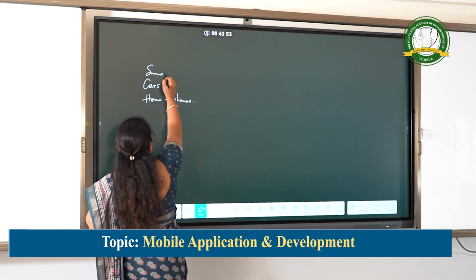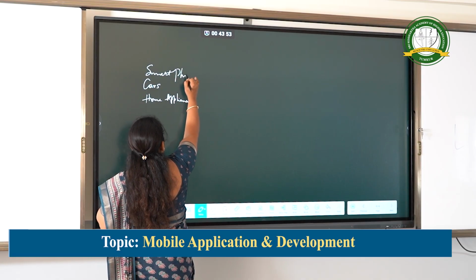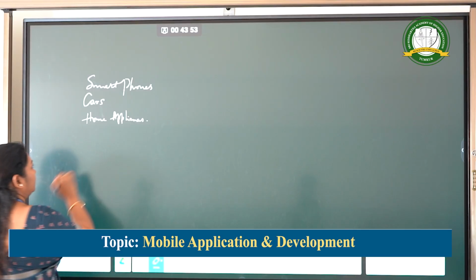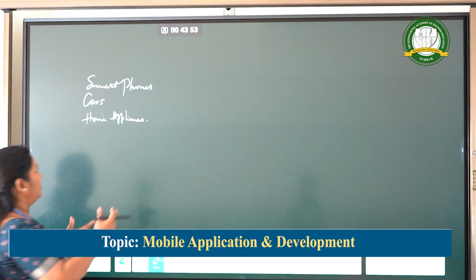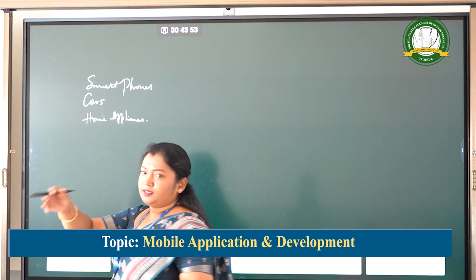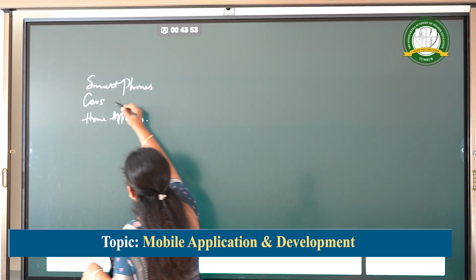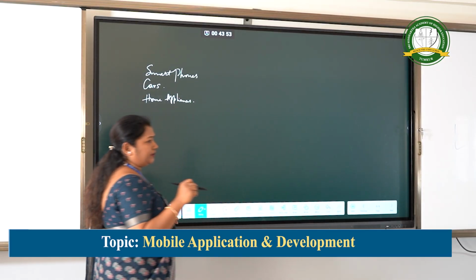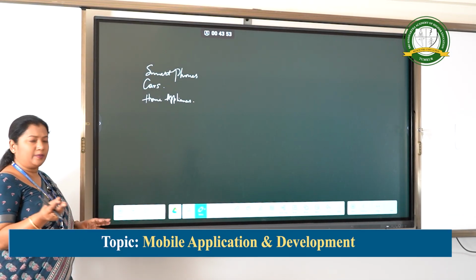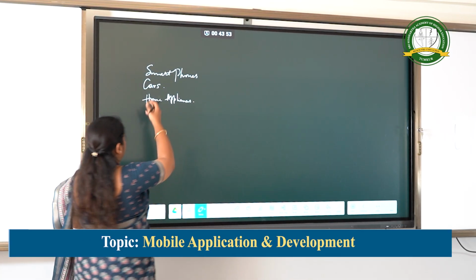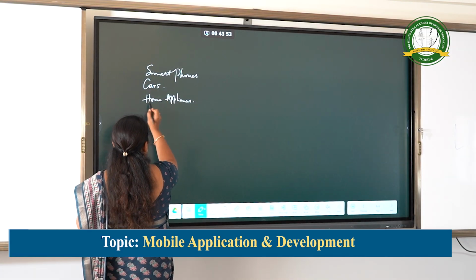Smartphones, as usual, the moment we wake up, we use our phone for every simple task, for calling, or for ordering some food or some items, everything. In cars, we have a feature called ADAS, which will alert us.